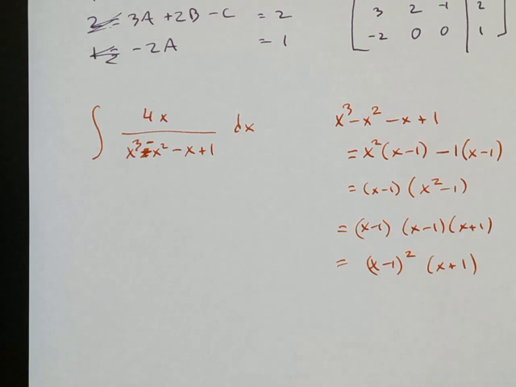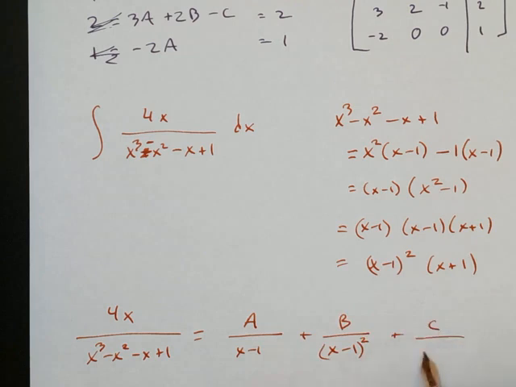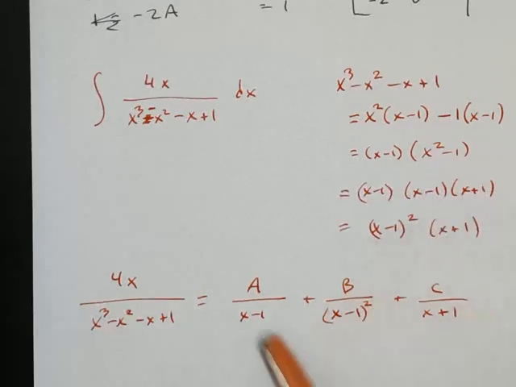So my partial fraction decomposition changes. Because it's up here twice, it's got to be down here twice.